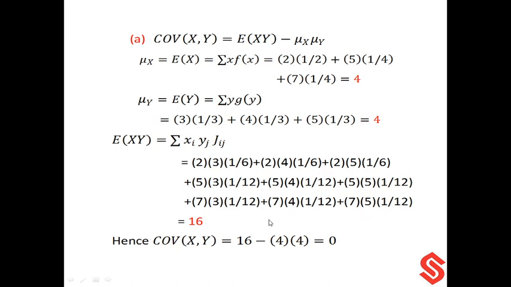So substitute the values, we will get 16. So covariance of xy is equal to expectation of xy, so that is 16 minus mu x into mu y, so 4 into 4, we will get 0.